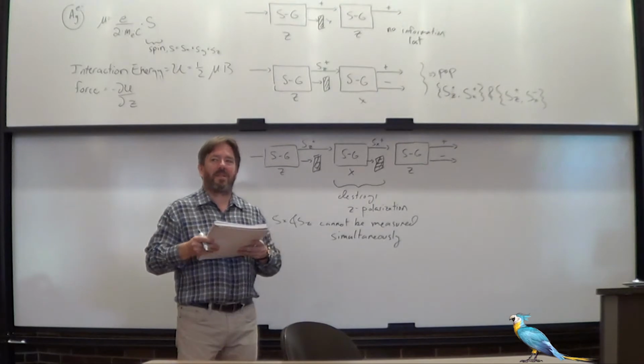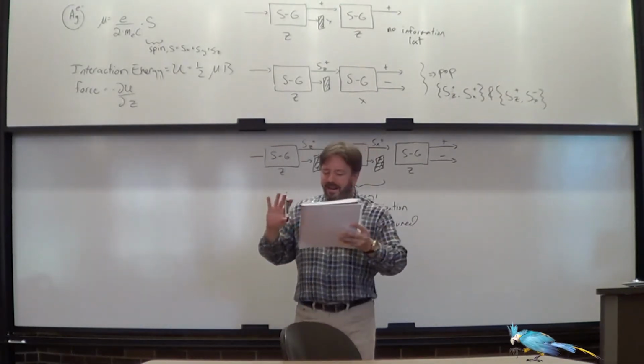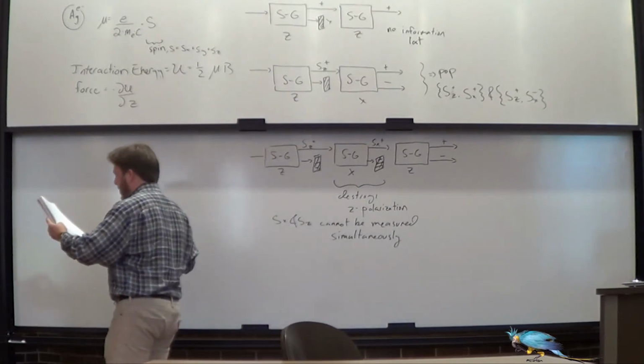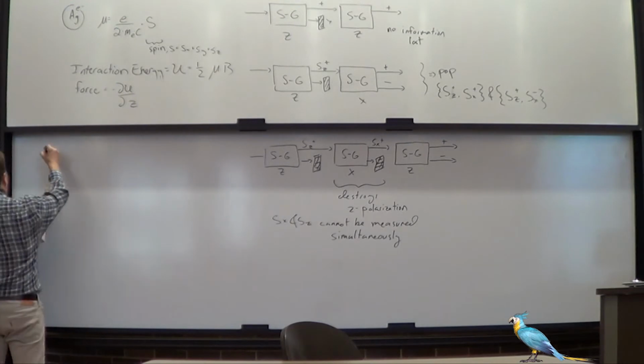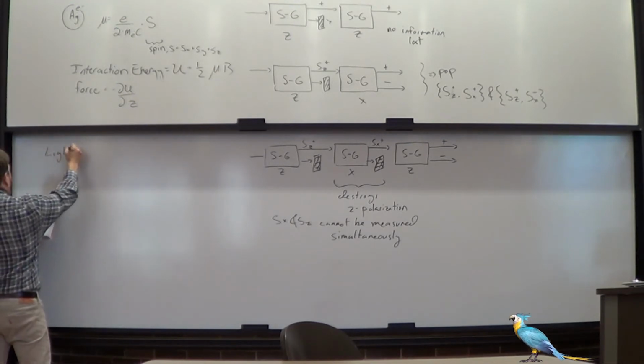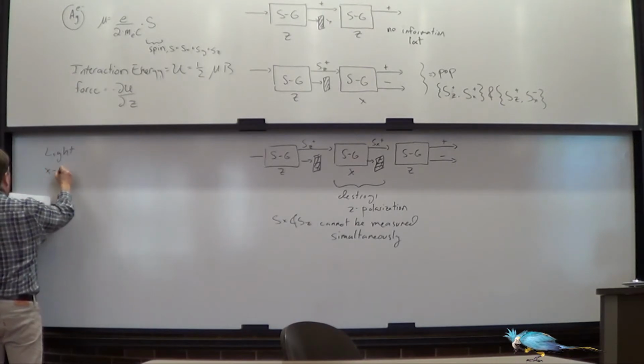So there's a little bit of the theory of relativity operating in there. So maybe light is trickier than we think. Maybe it's not as classical as we think. Let's look at light. And maybe you've done this in middle school or high school. If it's x polarized.